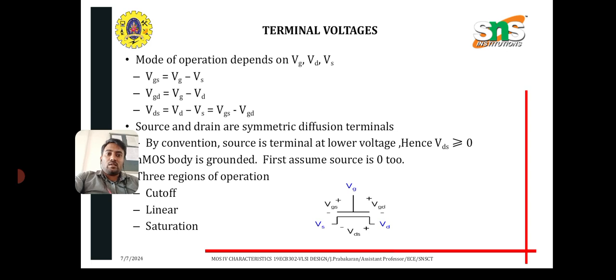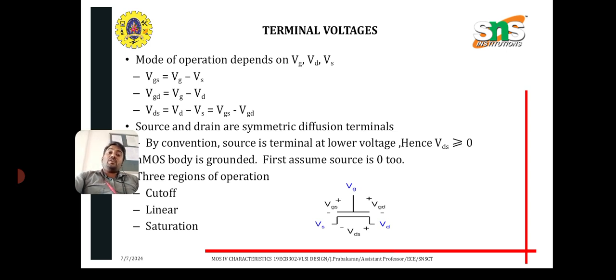That is gate voltage, drain voltage, source voltage. VGS is nothing but VG minus VS. VG is the gate voltage, VS is the source voltage, VD is the drain voltage, and VGD is nothing but VG minus VD.